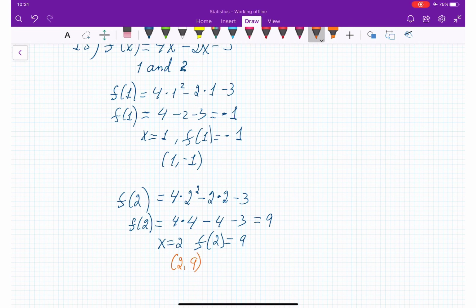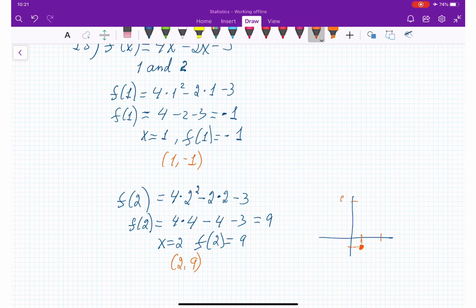Okay. So let's understand one thing here. If I'm drawing the graph real quick, let me mark this one also. Positive 1 and negative 1. This is 1 point. Second point, positive 2 and positive 9.